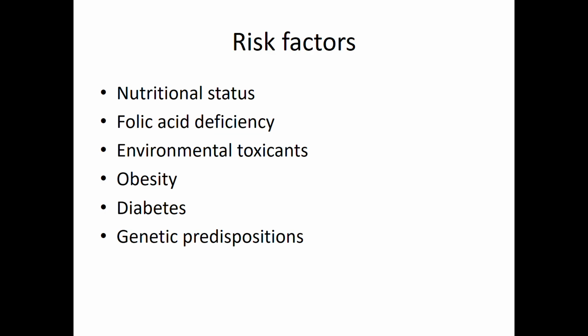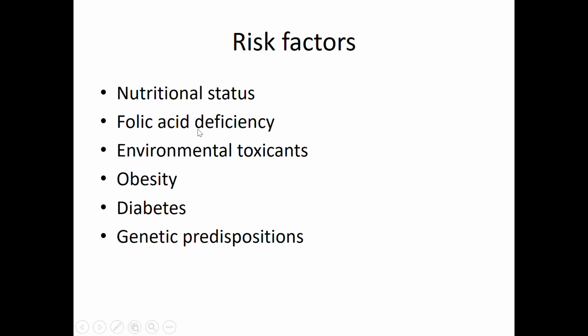And we very well know that for the formation of the neural tube or the nervous tissue, folic acid is a very important nutrient. So most of the time, if the nutrition is poor and there's no supplementation of folic acid, this can lead to a defect or abnormality in the neurulation process.